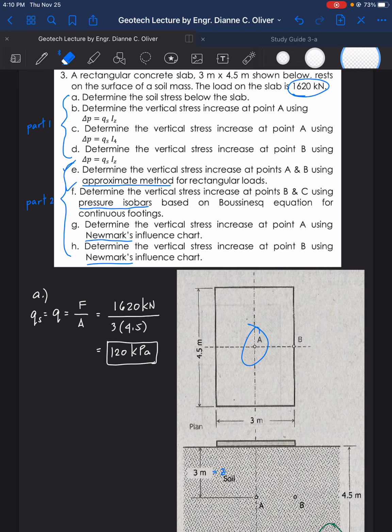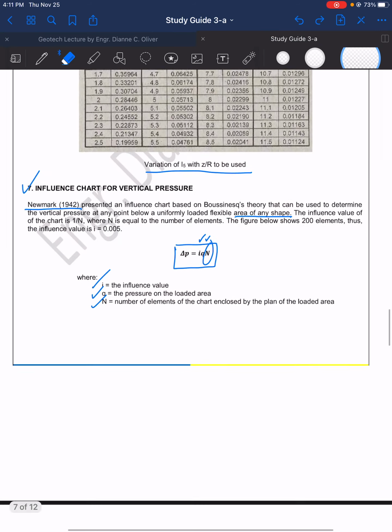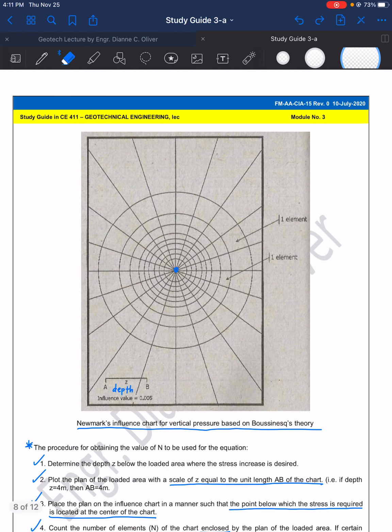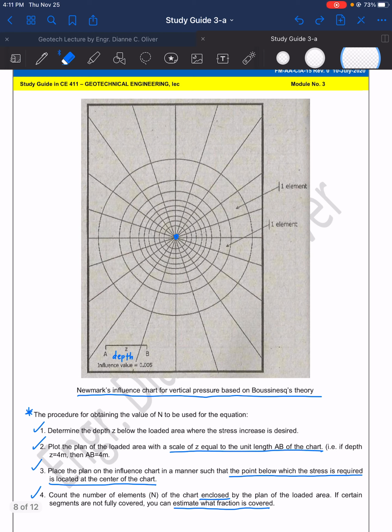Right? Newmark's influence chart. So we're going to use this, and let's apply the procedure that we have read a while ago. And take note, we need to put the point where we are computing the vertical stress increase at the middle. Therefore, point A should be at the middle.